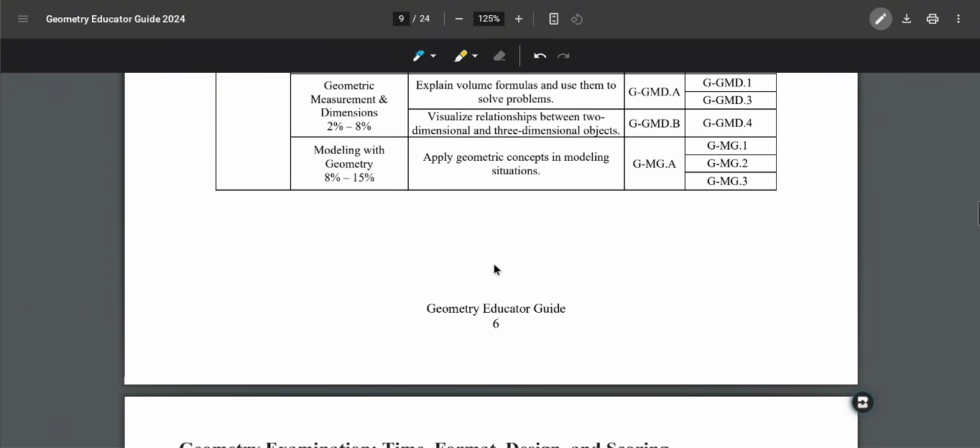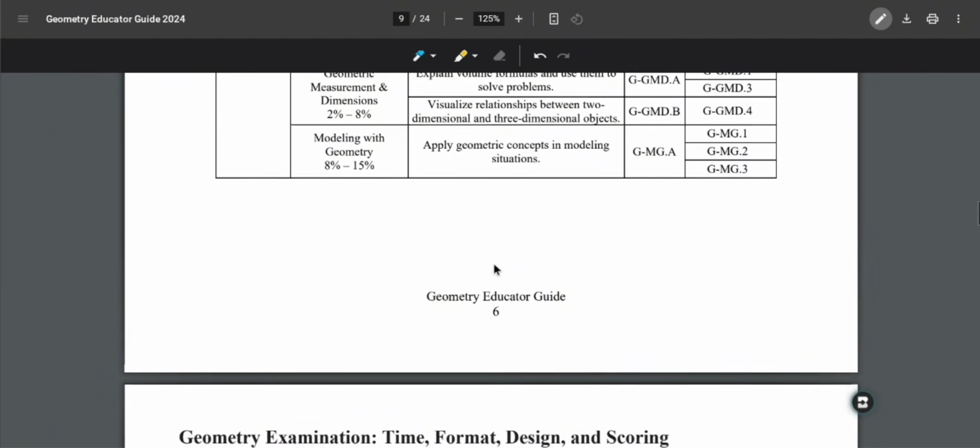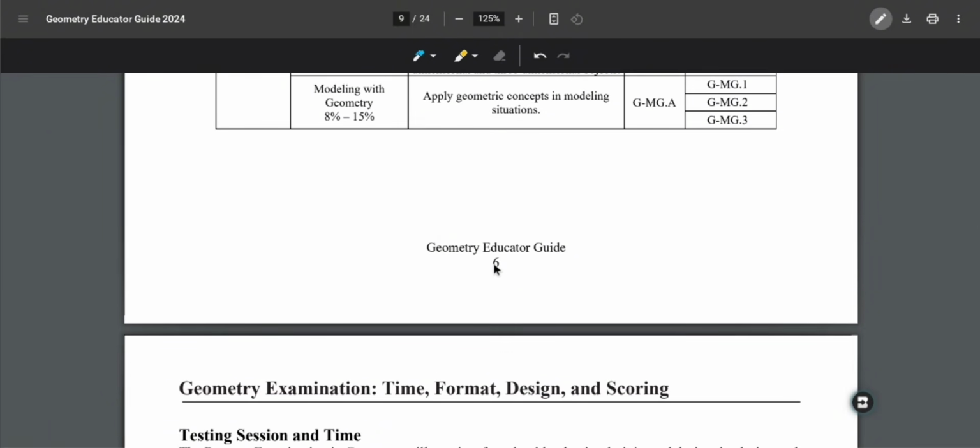For geometric measurements and dimensions, explaining how to use the volume formulas and using them to solve your problems, how you can apply that, how you can visualize the relationship between two-dimensional and three-dimensional objects. And finally, for modeling with geometry, applying those geometric concepts into modeling situations.